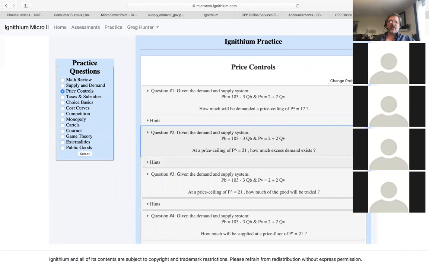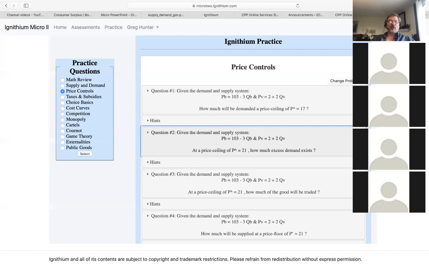Did you get those two numbers? Could you put them in the chat for us? Quantity demanded is this, quantity supplied is that. And by the way, I saw your volunteering, Jacob, and I appreciate that.